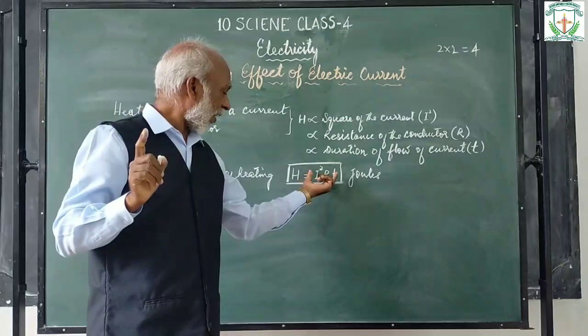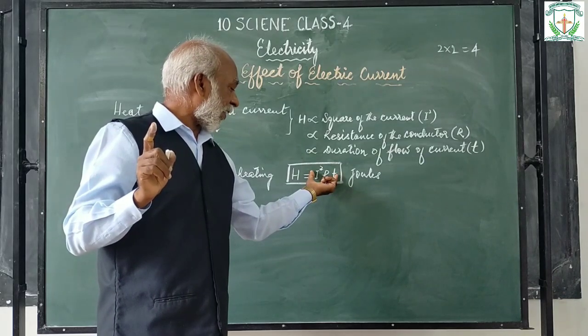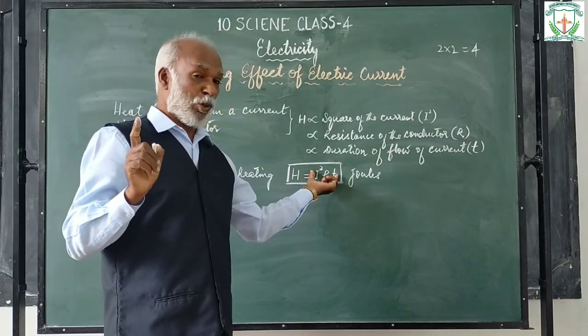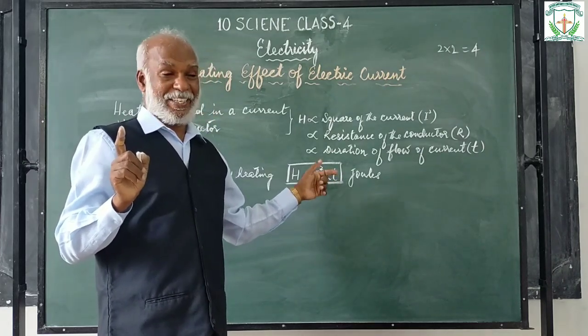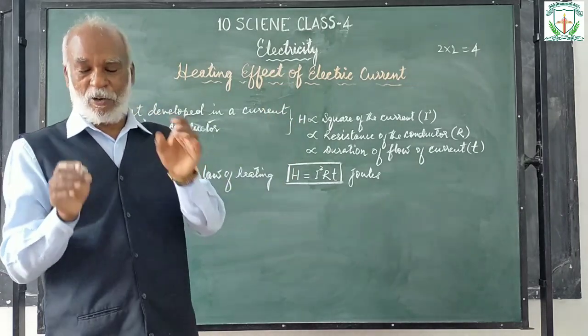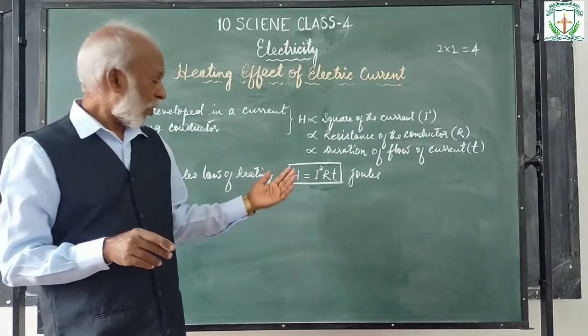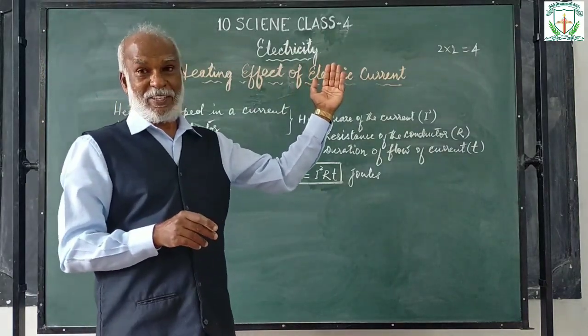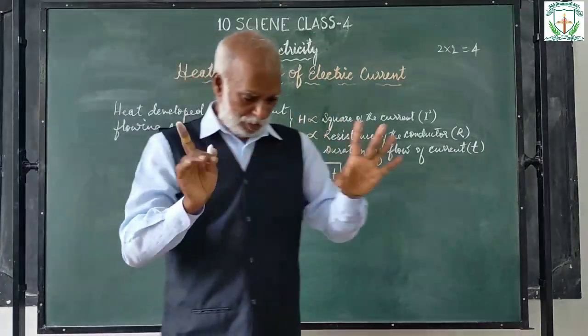Because there is a relation between current, resistance and time duration. When resistance increases, current flowing decreases. So heat development will be less. When resistance decreases, more current flows through the resistor and more heat will be developed. Okay. This point is very clear.